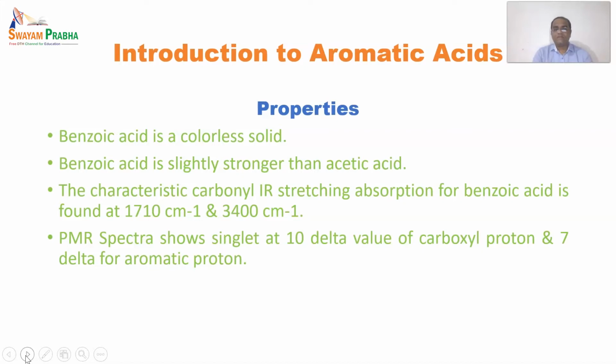Now coming towards the PMR spectrum, or we can say H1 NMR. PMR shows a singlet at almost delta value 10, and this singlet is of the carboxyl proton. The proton of the carboxyl end shows one singlet, and around 7 delta values is for the aromatic protons. The remaining 5 protons give a singlet if we are using an almost 60 hertz NMR.